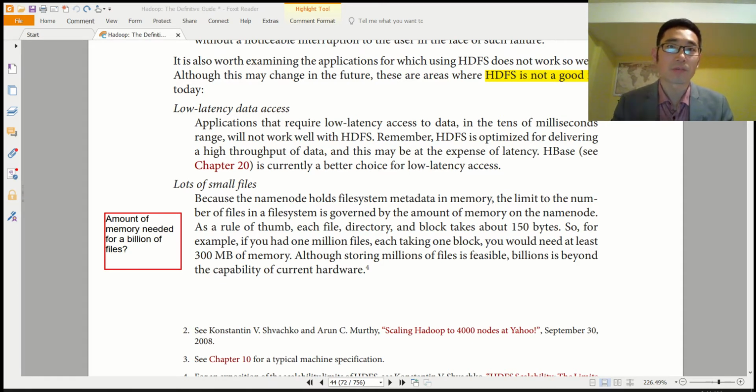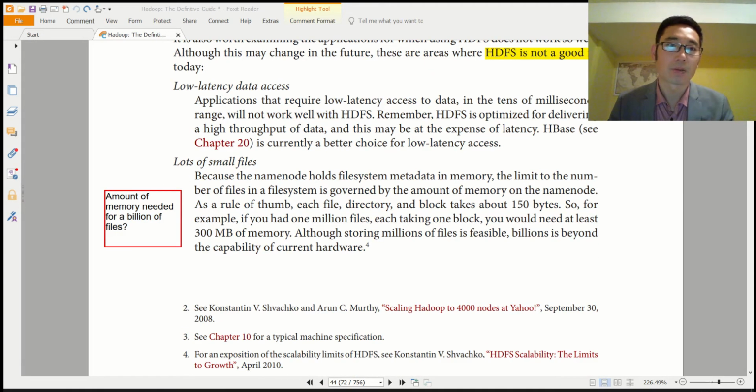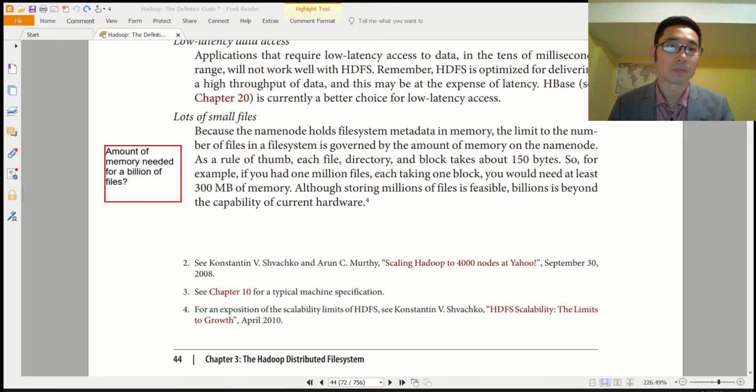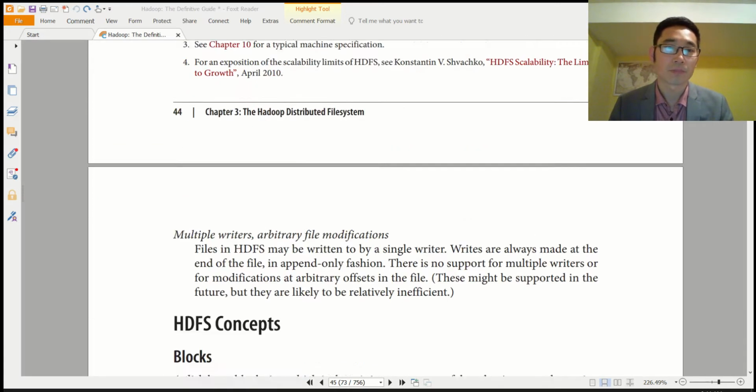But when you add more features to it, it can be made low latency. HDFS itself is not designed for low latency. Lots of small files is also not a good fit. This is easy to understand.